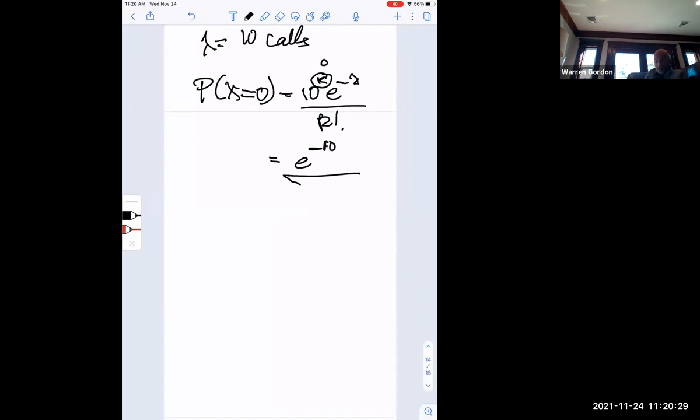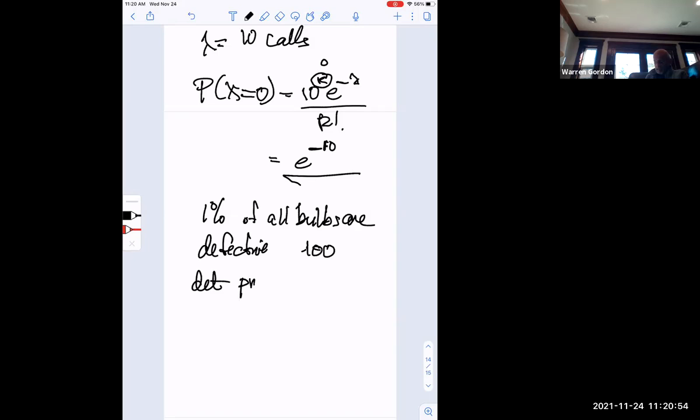Now let me show you about the binomial. Suppose 1% of all bulbs are defective. In a sample of 100, determine the probability 2 are defective.